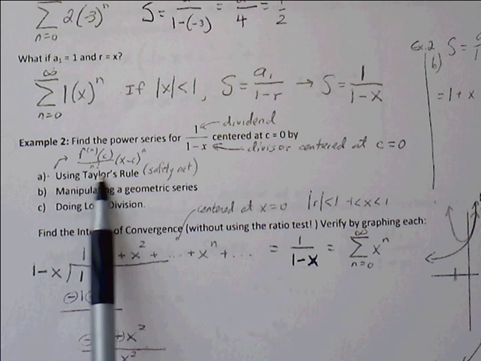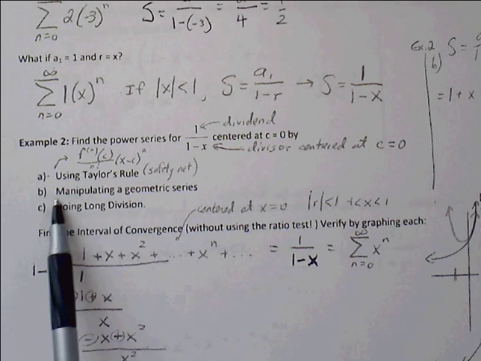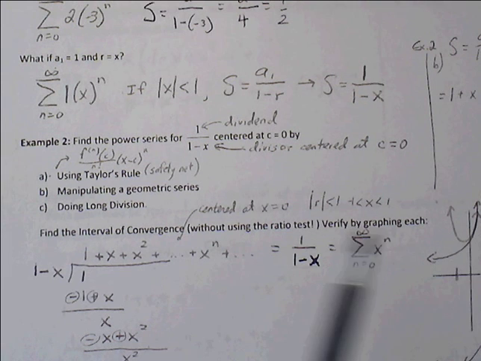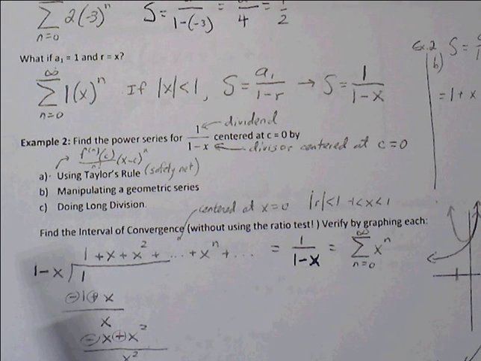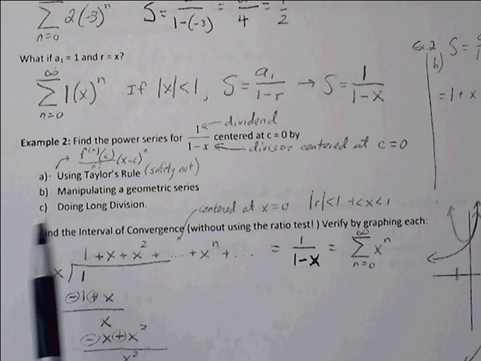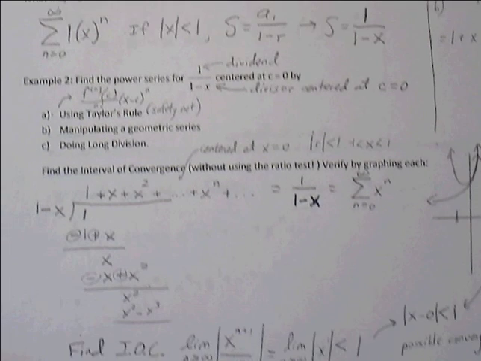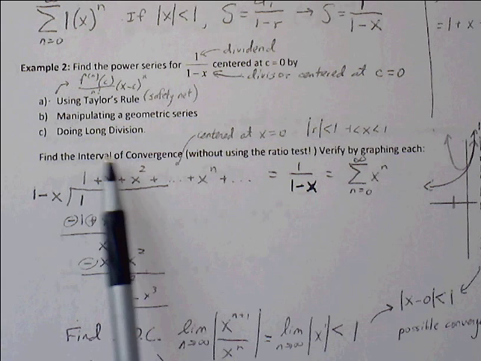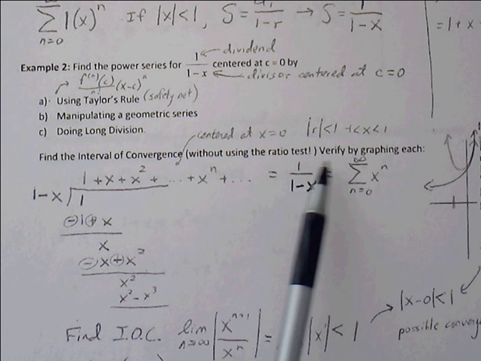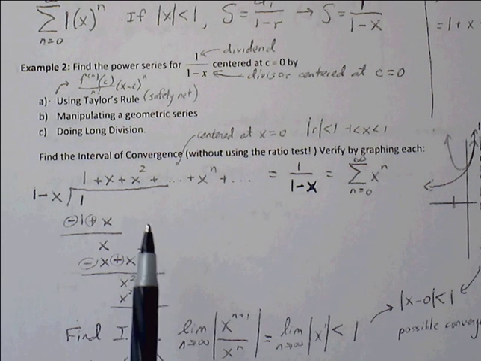This will always work. However, it's not going to be the most efficient. Part B, the other way is we can manipulate a geometric series, and we'll look at that. And then finally, doing long division. Find the interval of convergence without using the ratio test, verified by graphing each.